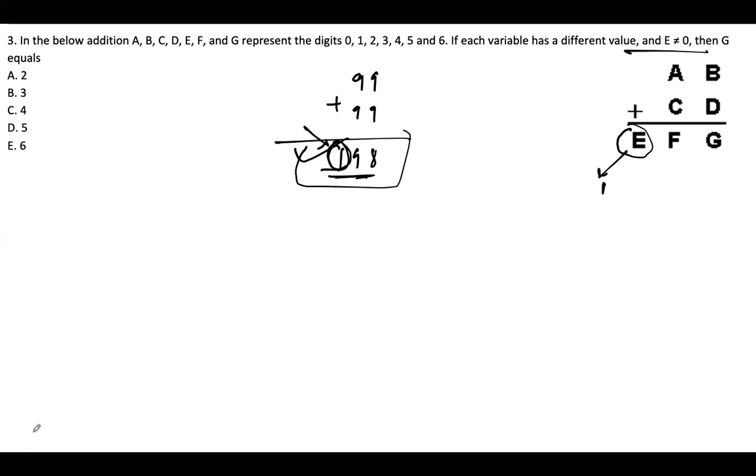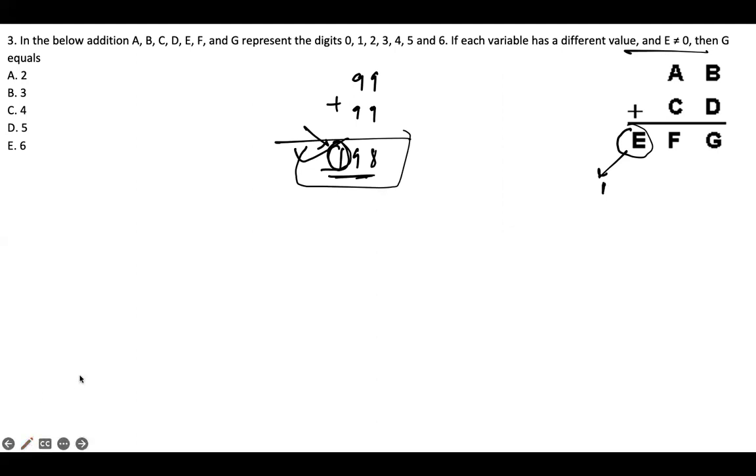It's a 3-digit number. So once you are adding two two-digit numbers, what is the maximum sum that you can get? Let's say 99 plus 99. Here, in this case, every digit has a different value, but I'm saying the maximum sum that you can get is 198. That means the hundreds digit should be 1.